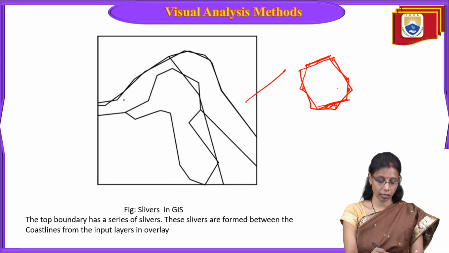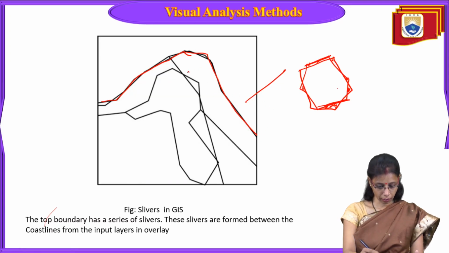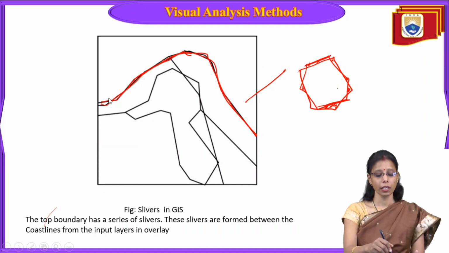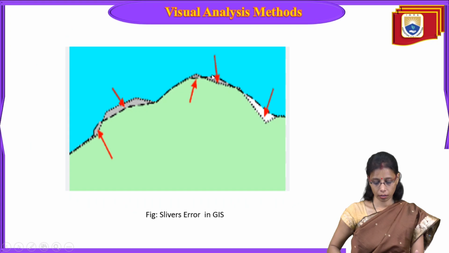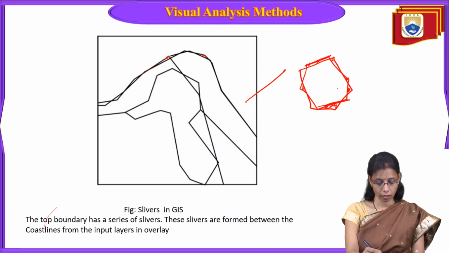So you can see, this is one line in red. Now there is one more line here which has been overlaid. This line has to snap exactly, it has to merge with the previous line. But instead of merging, you can see this many errors. Here is the error, here is the error.